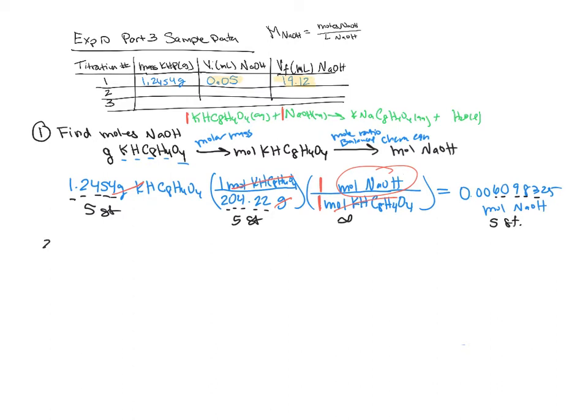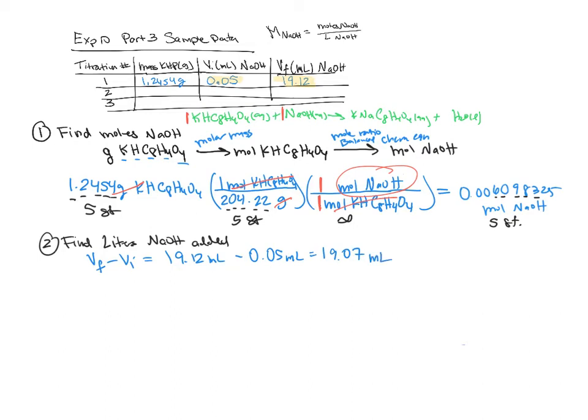My next step, calculate or find the liters of NaOH added. I know my burette started at 0.05, ended at 19.12 milliliters. So we can find the liters added. Anytime you're adding something from a burette, V final minus V initial, 19.12 milliliters minus 0.05 milliliters equals 19.07 milliliters of NaOH.